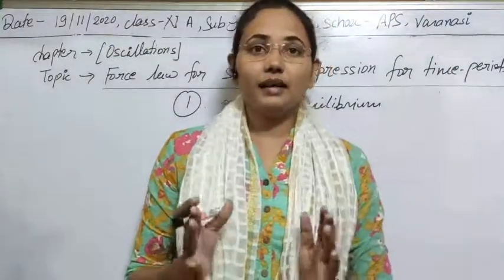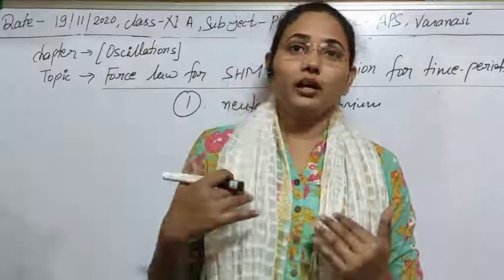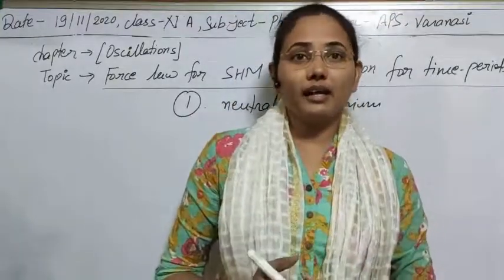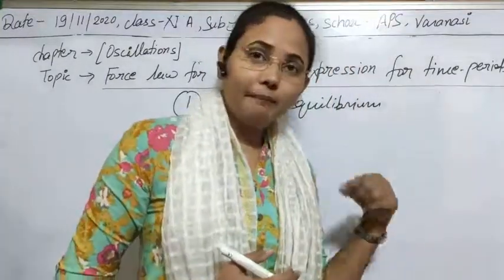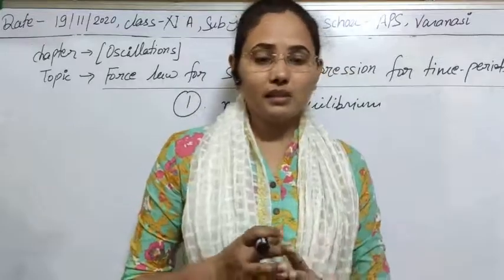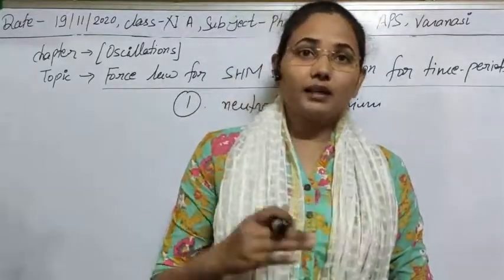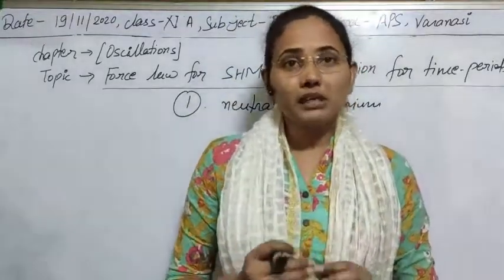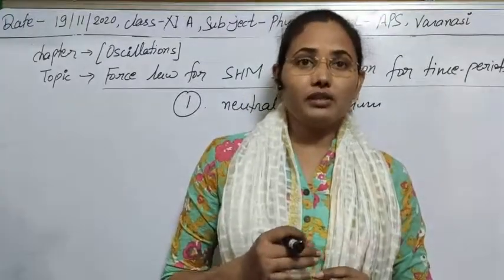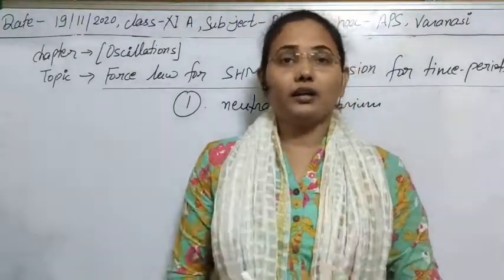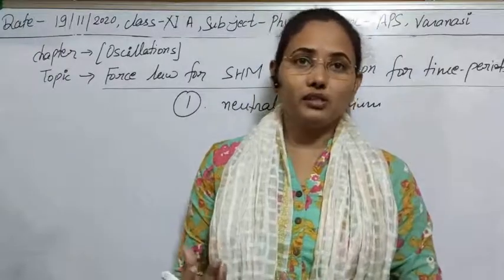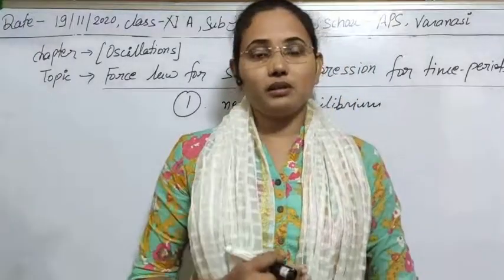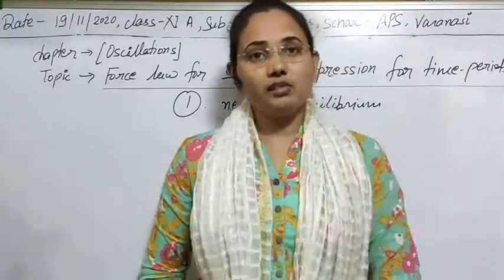I think that equilibrium is totally clear to you. If forces are acting in such a way that at every point they counterbalance each other, then if the particle is displaced from its mean position or equilibrium position, it will come into a new equilibrium position after the displacement. That type of equilibrium is neutral equilibrium.